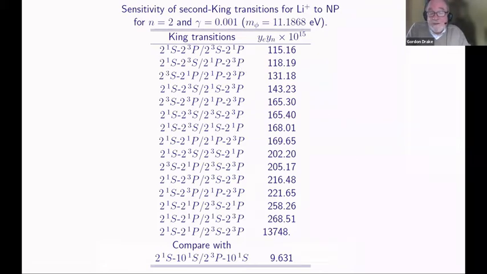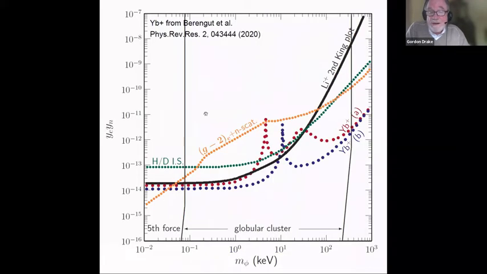And so these are the possible King plots for the n equals 2 states, and in comparison with the most sensitive one, you can see there's a loss in sensitivity of a factor of between 10 and 20. So these would be much easier experiments, but about 10 or 20 times less sensitive to a light boson.